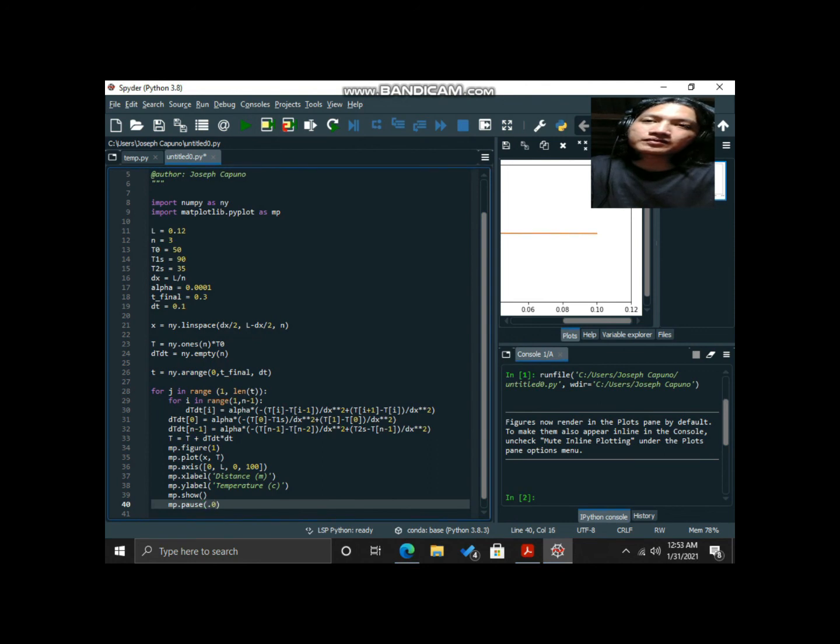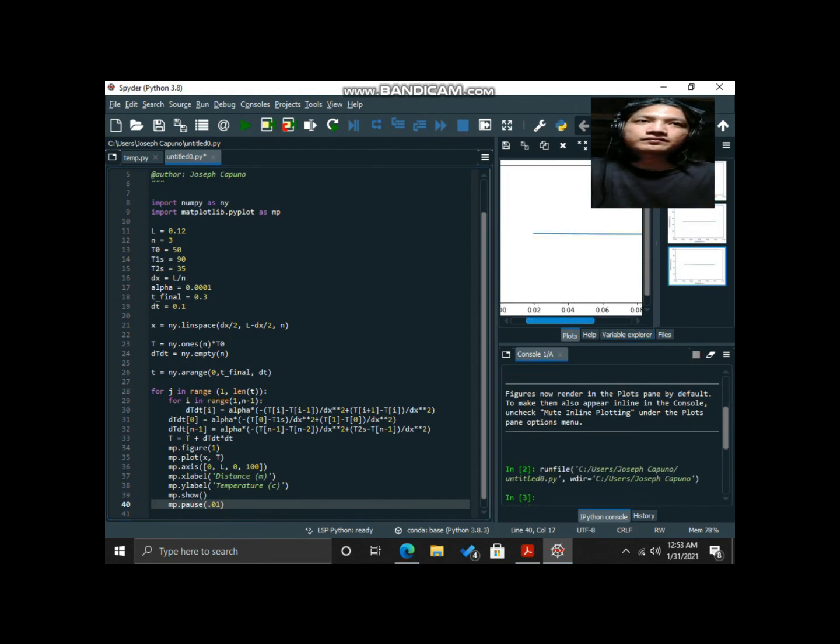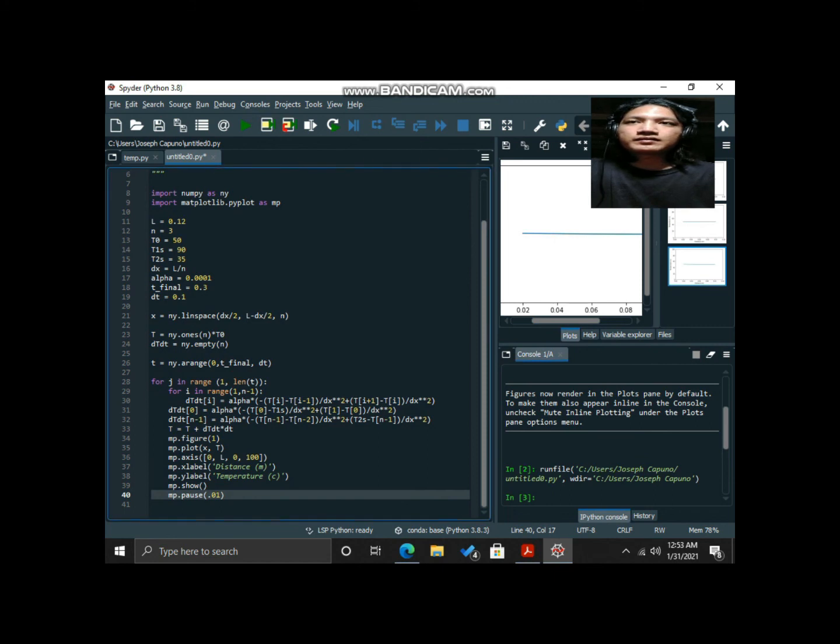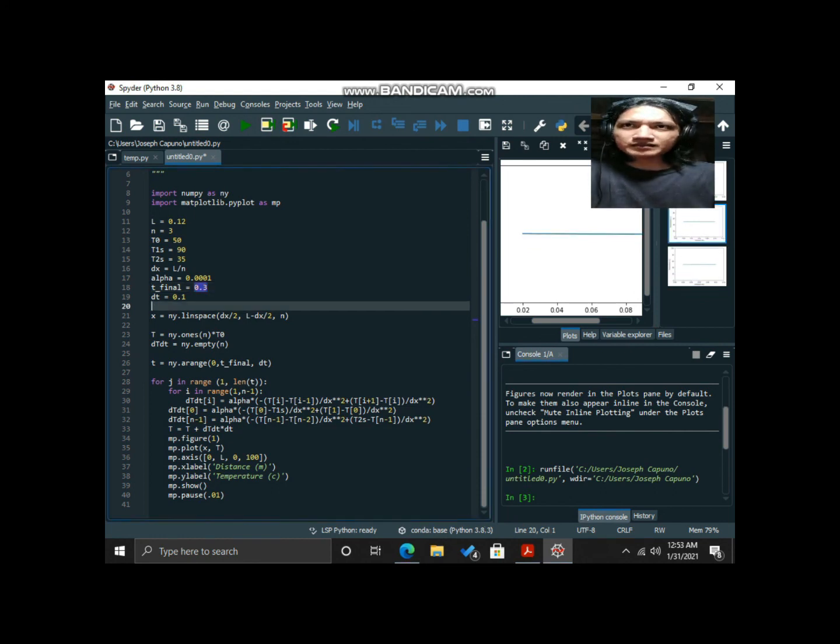Sabi natin 0.01, every 0.01 seconds, mabilis yung pagkakagawa niya. Try natin. Since 0.3 lang naman, mabilis lang siya. Halos tatlong tawag dito, picture lang yung lumabas.